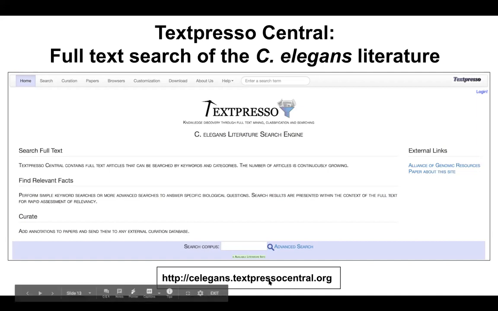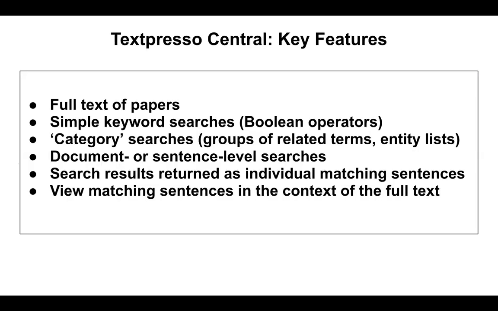The Texpresso Central bibliography currently contains over 27,000 full text papers that we have at WormBase. And it allows you to do searches throughout that full text on both a document and sentence level. I'll demonstrate some of those searches in a little bit. But first, let me review some of the key features of Texpresso Central.